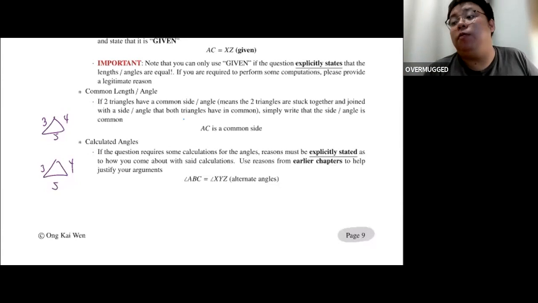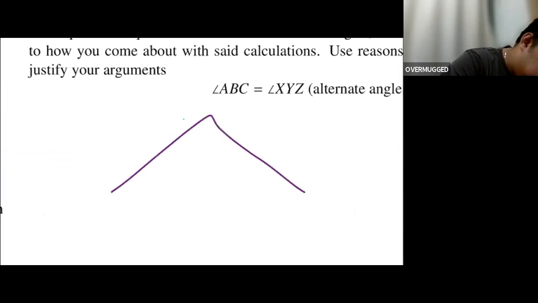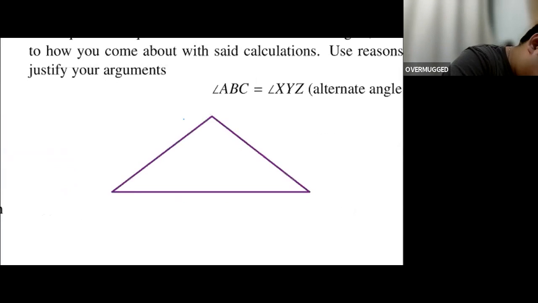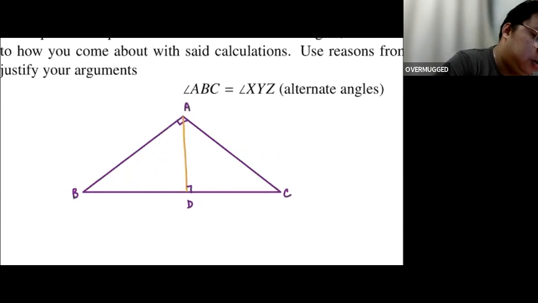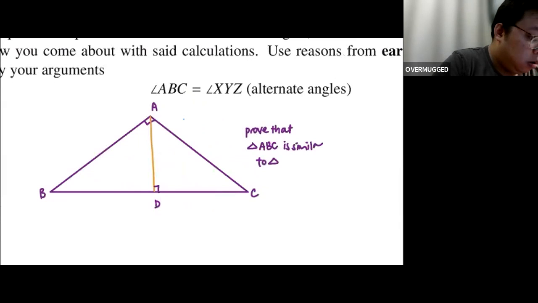Okay. Last one, give an example of a common angle. Sure. Okay, simple example. Triangle, 90 degree. Okay, so the question is, for example, A, B, C, D. And the question asks you to prove that triangle ABC is similar to triangle DBC.